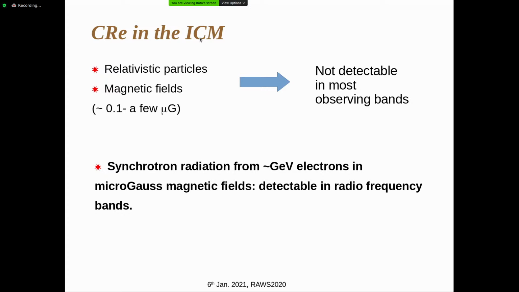When relativistic charged particles move in magnetic fields, you come across something called synchrotron radiation. So when charges are accelerating in the presence of a magnetic field, we get synchrotron radiation. And this is what allows us to infer that the intracluster medium contains relativistic electrons and magnetic fields.